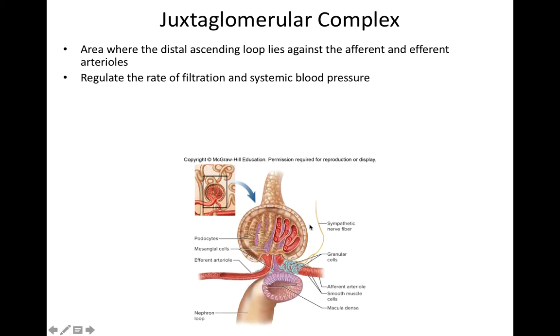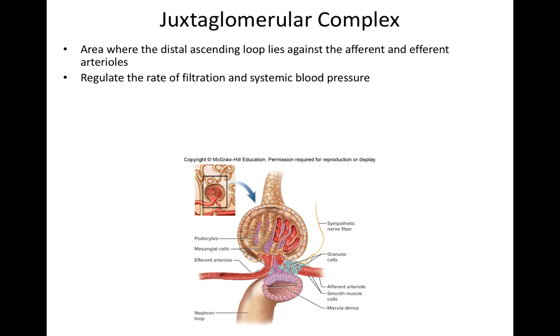So here you can kind of see what we're talking about. Here's the afferent and efferent arteriole, and then this is the proximal convoluted tubule, and we go down into the nephron loop, and so the nephron loop comes down, and when it comes back up, it's going to hit right here. So that's what we're looking at. This is the nephron loop. It is in physical contact with the afferent and the efferent arteriole.